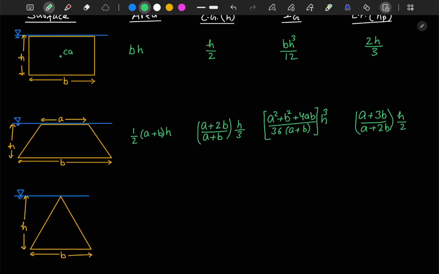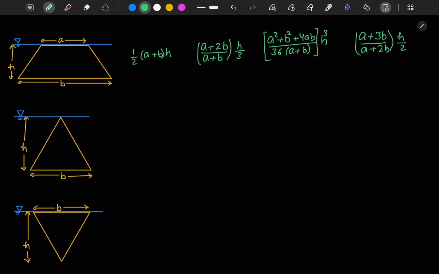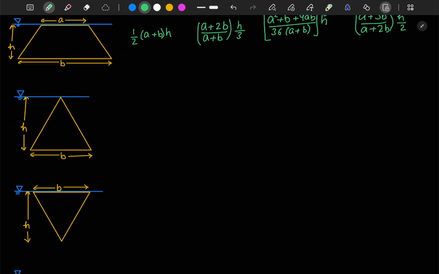Now if I talk about a triangle with the apex at the top, your area will be half into b times h. Here CG will be at 2h by 3.